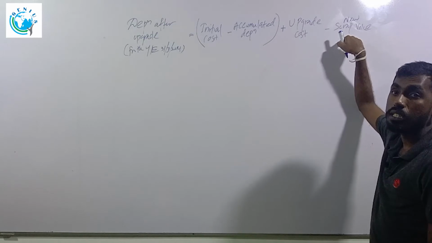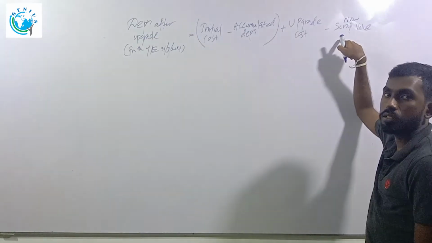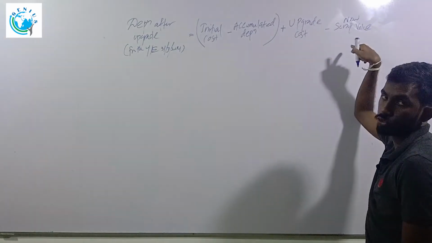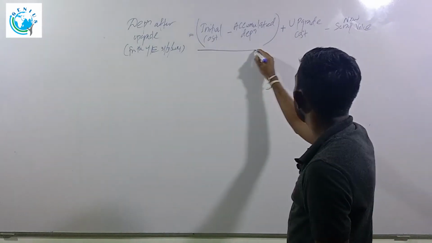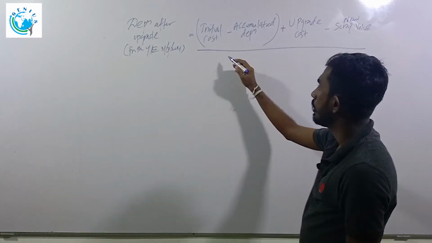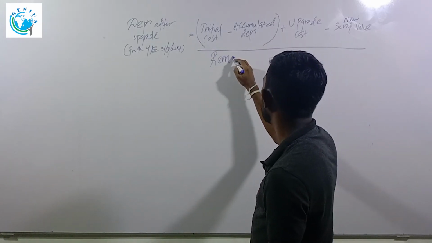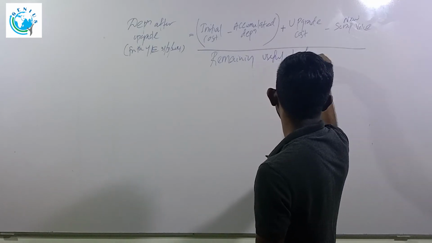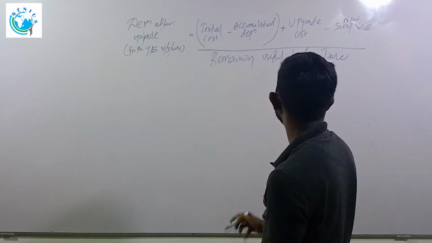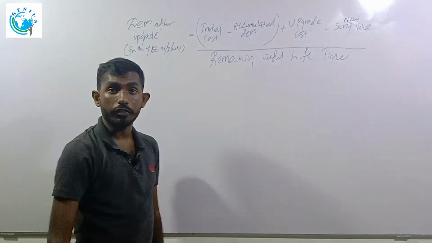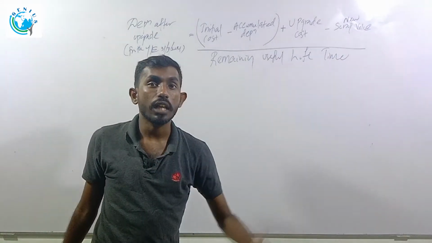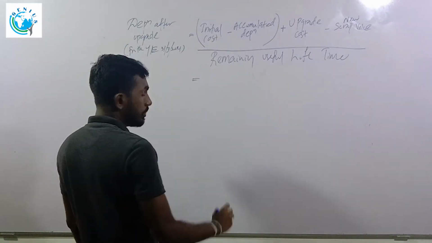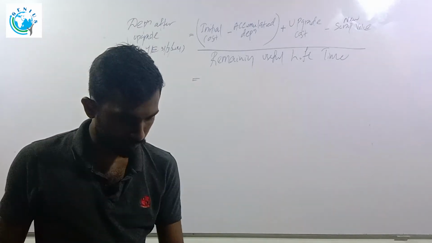Therefore, you can use the available scrap value as it is. But if there's a new scrap value, you can use that. Then divide by the remaining useful lifetime. Not just the useful lifetime, but the remaining amount after the upgrade. Okay. Now we can apply figures to this equation.